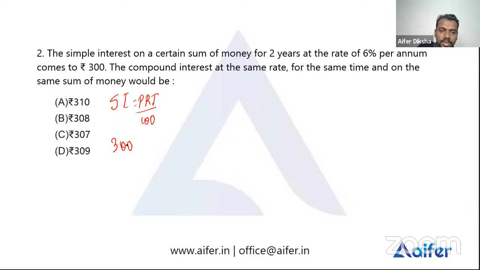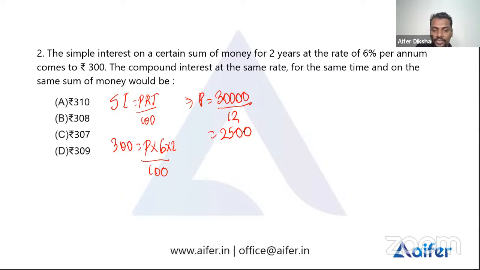So 300 is equal to P into 6 into 2 by 100, from which we get P is equal to 30,000 divided by 12, that is 2,500. So the value of principal, or the initial amount invested, is 2,500.